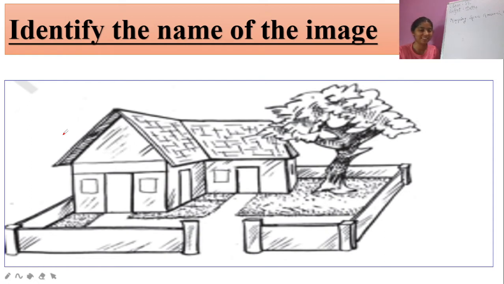You identify that this is a house along with one tree, and a backyard, all of one house.